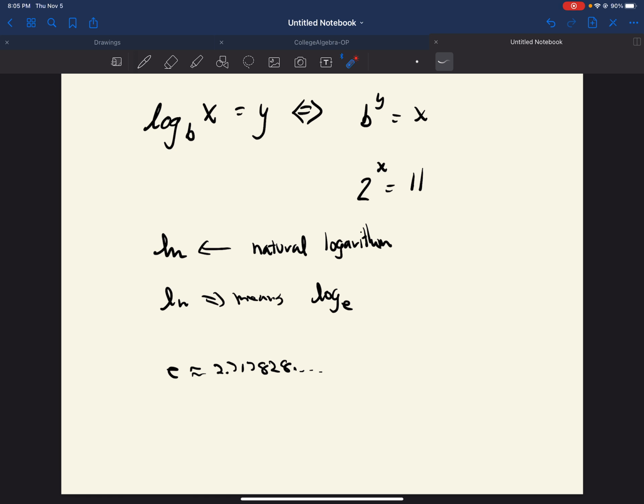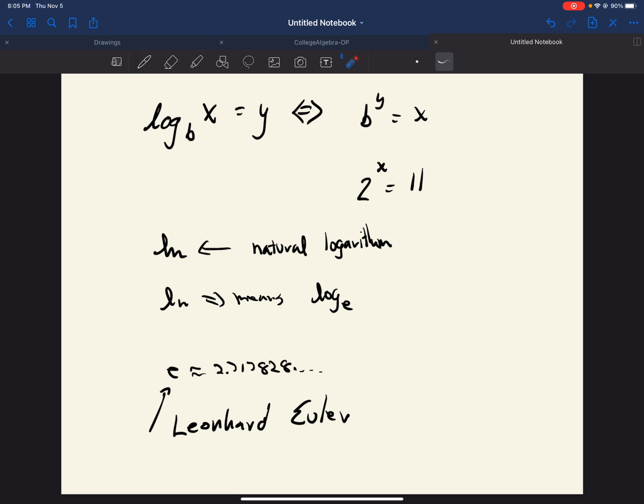The letter e itself comes from a very special mathematician named Leonhard Euler. I know it looks like Euler, but it's pronounced Euler. And for Euler, that E is that E right there.